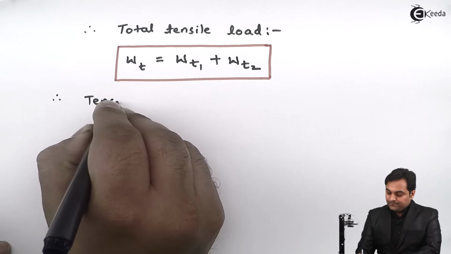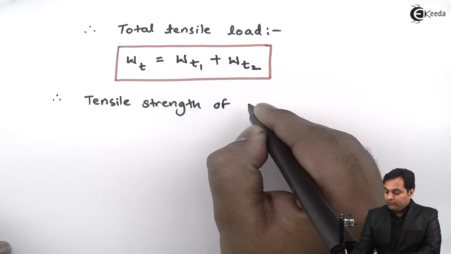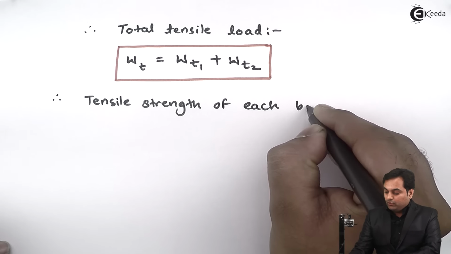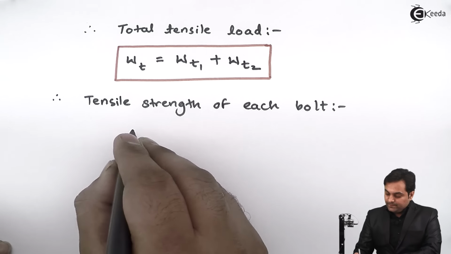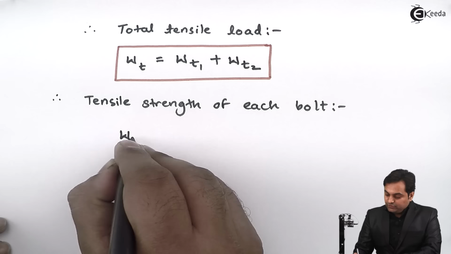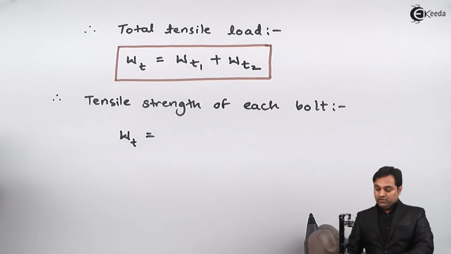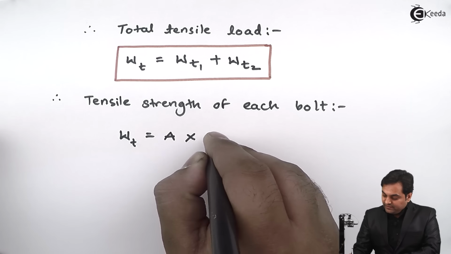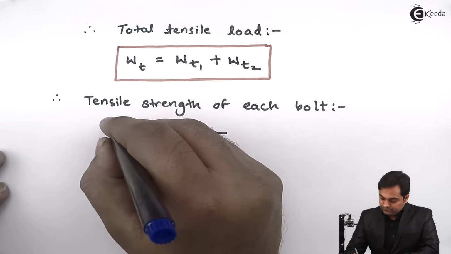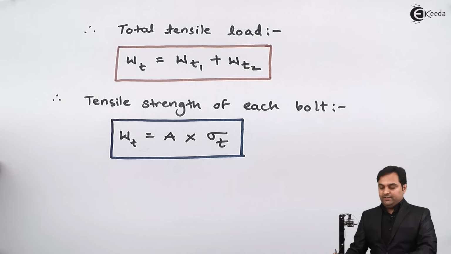Now after getting the total load, since bolts are having threaded section, I can say that therefore tensile strength of each bolt, that is W suffix T, the load carrying capacity we can say, or tensile load, will be area multiplied by tensile stress. Now how to get this area?